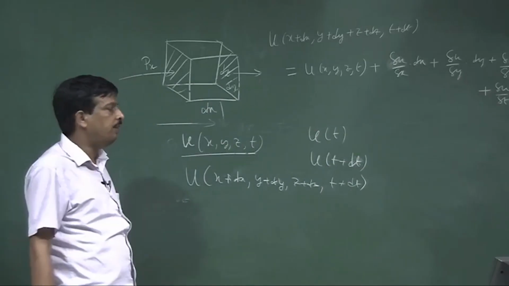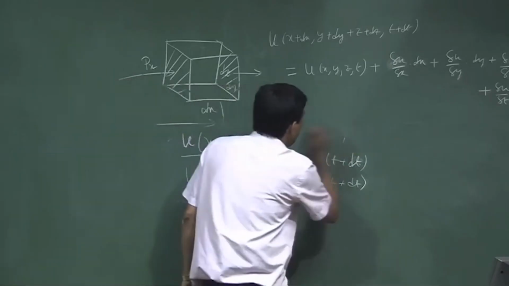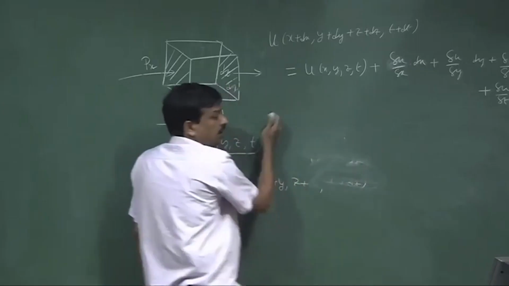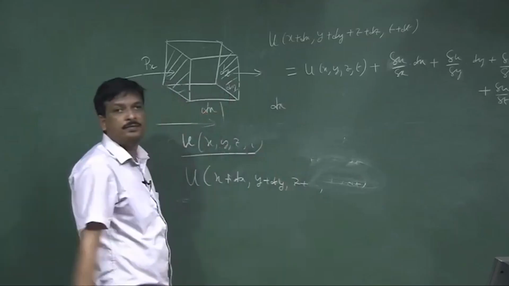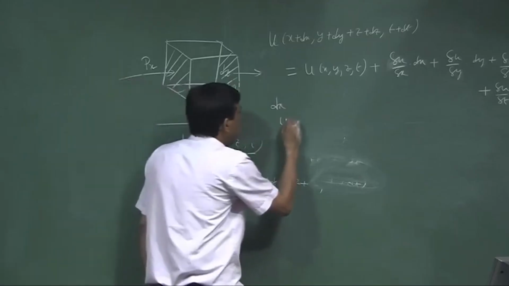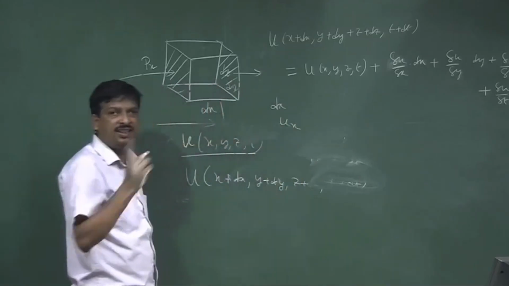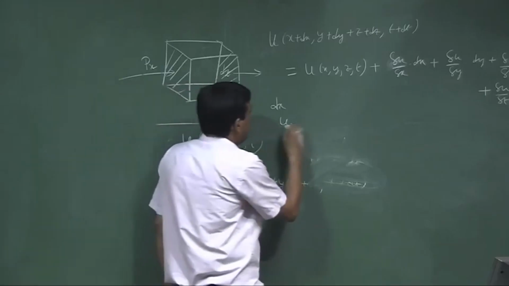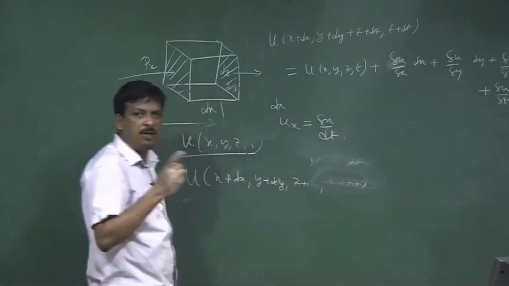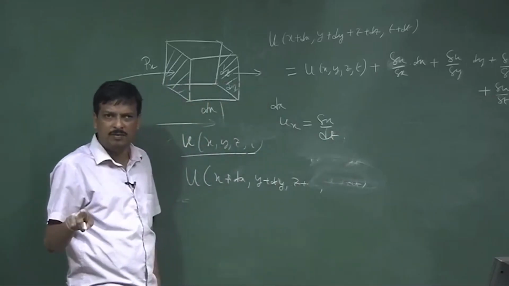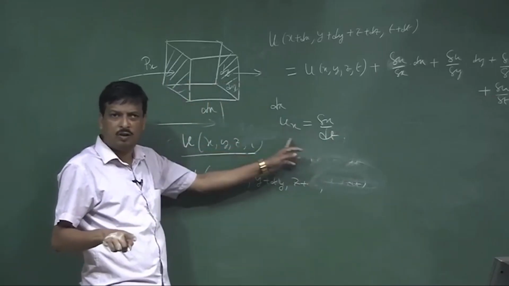Now, if you see in this equation, what is dx? ux is the velocity in x direction. So, ux is dx by dt, the rate of change of displacement, which is equal to the velocity.